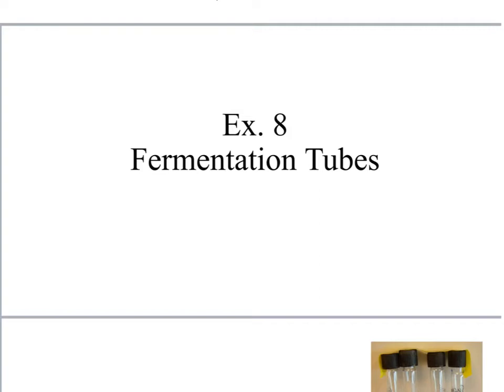Okay, so remember this term fermentation. We talked about this term a little bit before. Remember, fermentation is not the same thing as anaerobic respiration. Often we group those two things together because neither one of them requires oxygen.